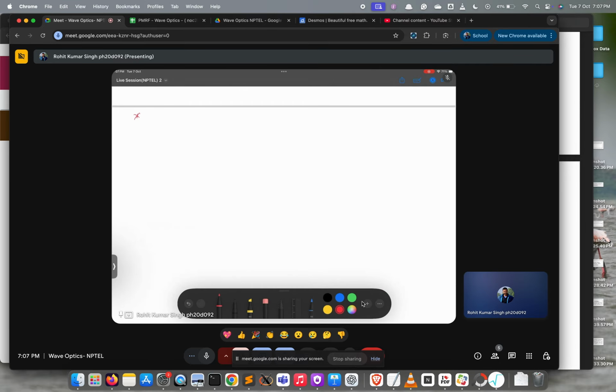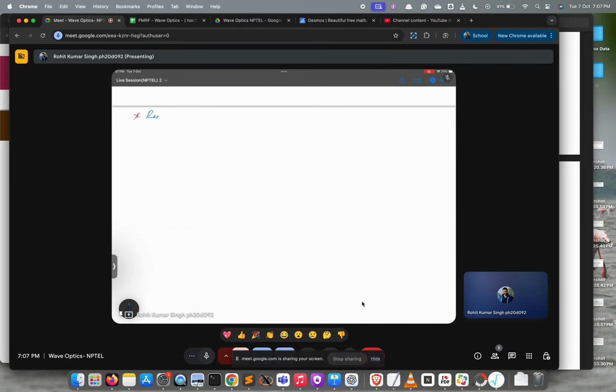So, resolving power. What I mean is, two peaks we will call resolved in the following case. Suppose one peak is here at 0, and another peak is here like this.